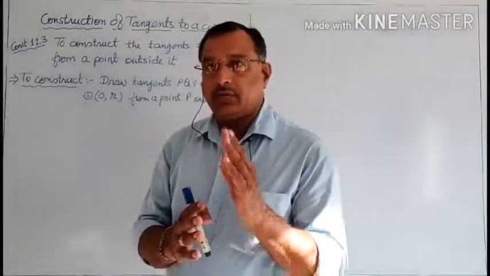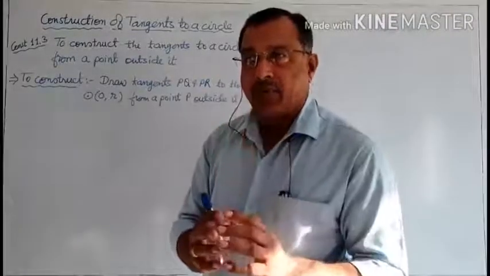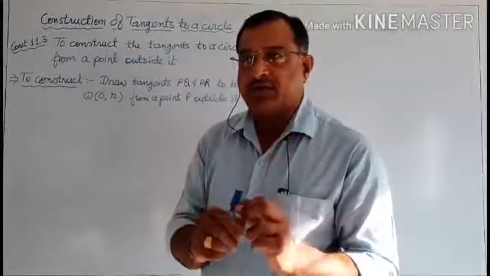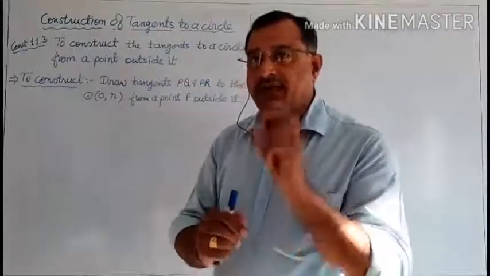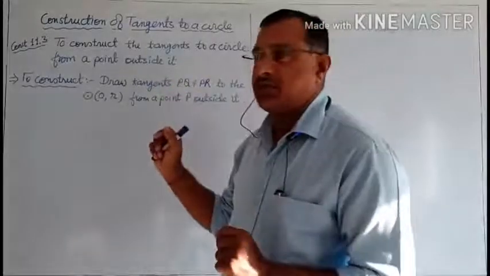A tangent intersects the circle at one and only one point. If any line intersects the circle in two distinct points, then it is called a secant to a circle. So here we are going to talk about tangents to a circle.